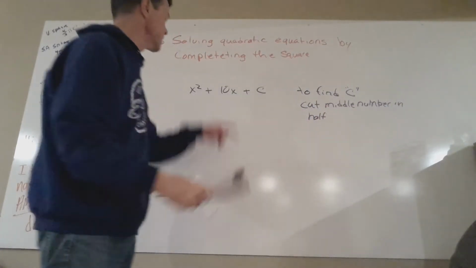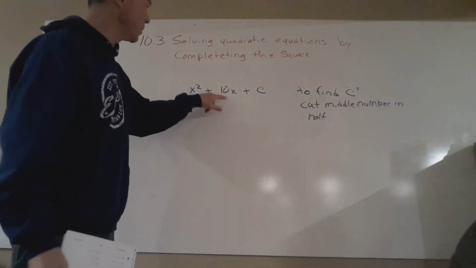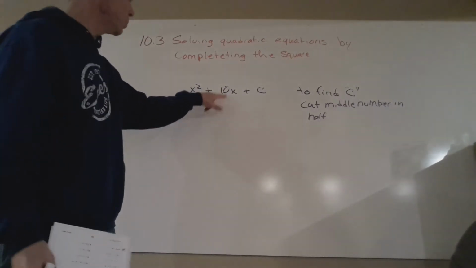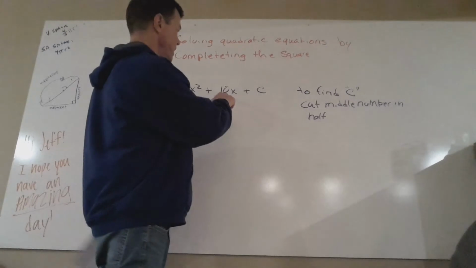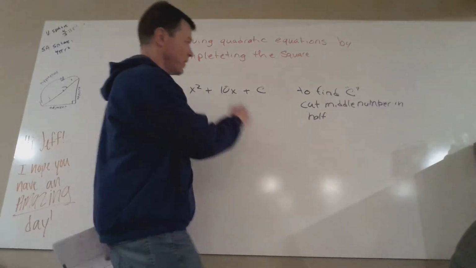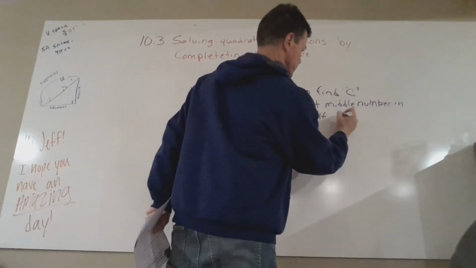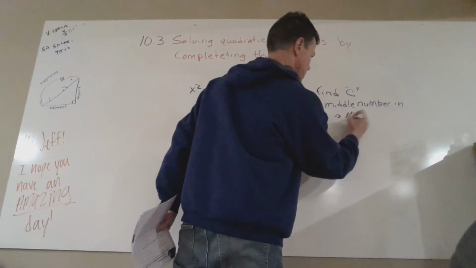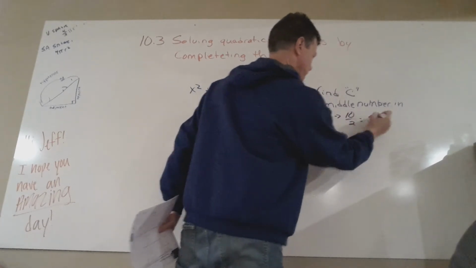The middle number, remember, would be the b. So you cut the b in half, so 10 divided by 2, which is 5.